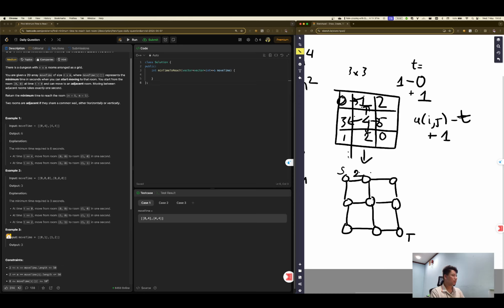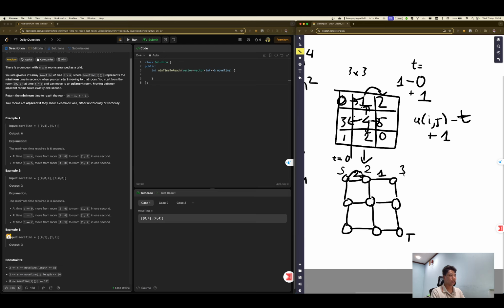For example, we start at t is 0, so we can move to this node 2, and at the moment you are in this room t equals 2. You can move to this room with the edge with the weight of 1, so you have 3.